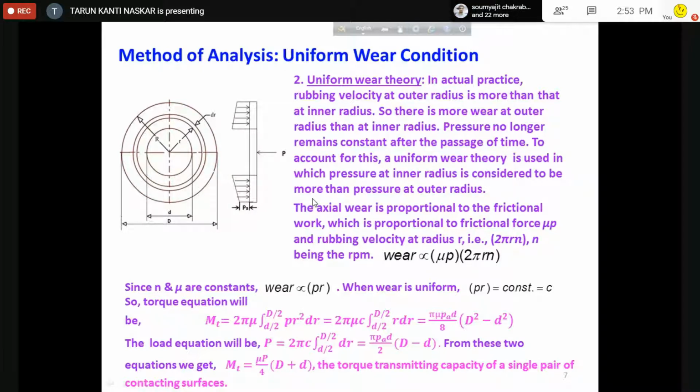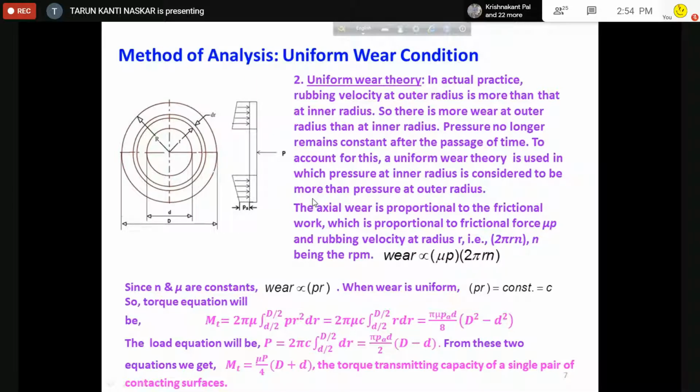So when the outer region comes in contact, the inner region goes out of contact. That means there is less wear in the inner region and higher wear in the outer region. Again, on the outer region there will be wear, so it goes out of contact, and the inner region comes into contact, and there is wear.